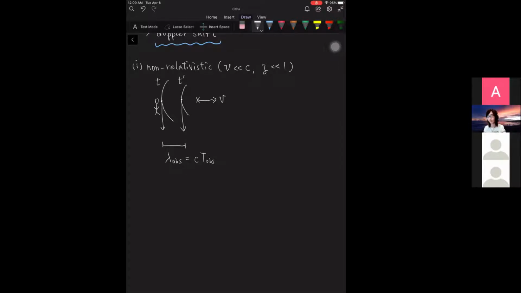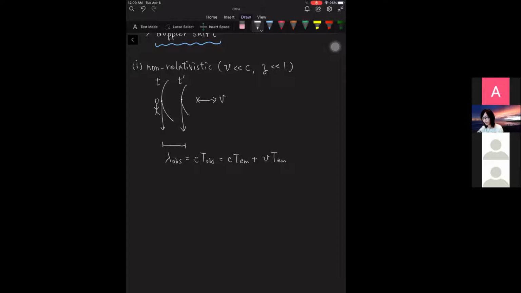Like the intrinsic wavelength, because the wave crest at time t prime has already moved away a distance from us when the wave crest at t arrives at us, right? So our observed wavelength should be the intrinsic wavelength plus a distance of v times a period, right?